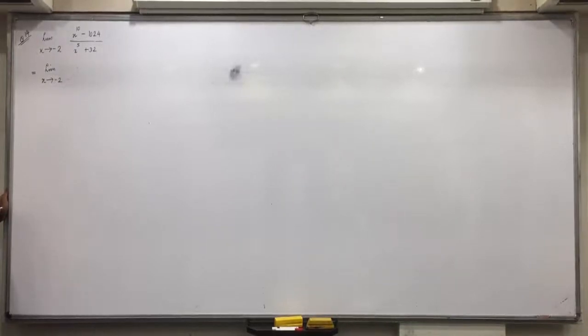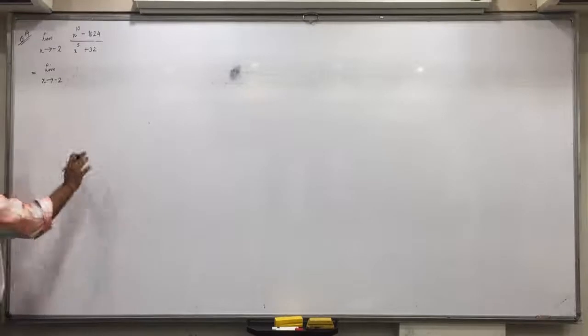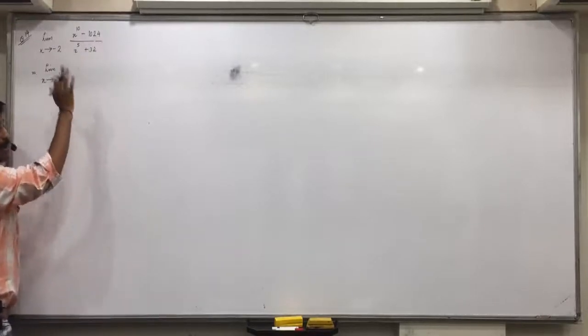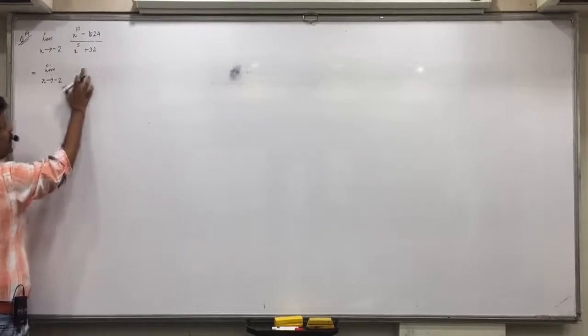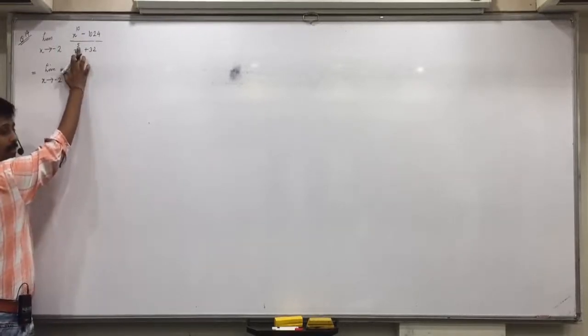Because our formula is x raised to n minus a raised to n upon x minus a. You will use that sign. Don't think in detail, it will be correct only, which I'll explain you, but don't waste your time thinking in detail. Once again, 1024 will become minus 2 raised to 10. 32 will become minus 2 raised to 5.